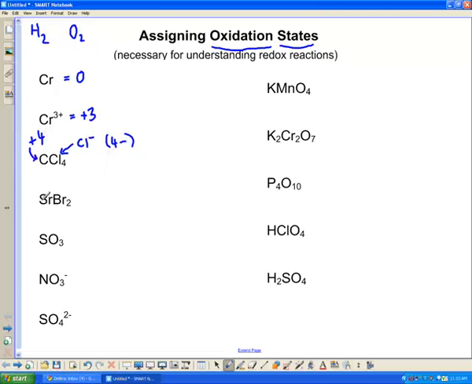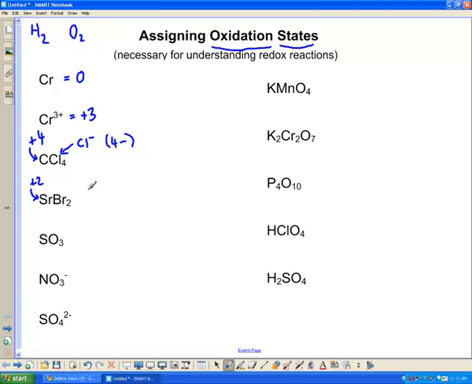Now let's go down to the next one, strontium bromide. Strontium is a group 2 metal. Group 2 metals always form a +2 charge, just as group 1 metals always form a +1 charge. The other way to tell that this is correct is to look at bromine. Bromine is in group 7 just like chlorine was.